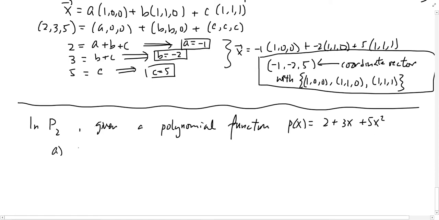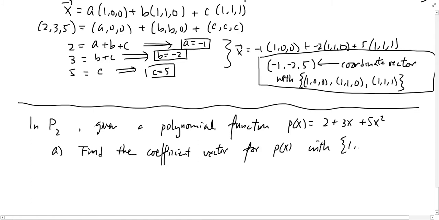So number one, part A, I'm going to ask you to find the coordinate vector for P of x with this basis, 1, x, x squared.